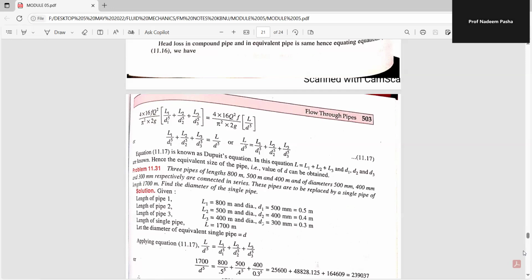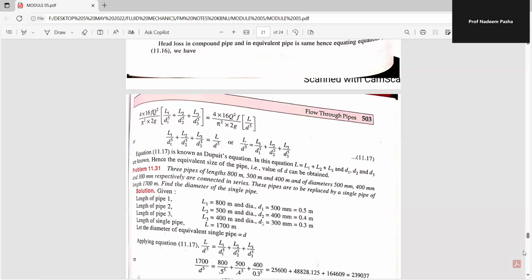Length of pipe L1 is given as 800 meter and diameter D1 is given as 500 mm, so it comes out to be 0.5 meter. Similarly, length of second pipe is 500 meter and diameter D2 is 400 mm, so it comes out to be 0.4 meter. Similarly, length of pipe L3 is 400 meter and diameter D3 is 0.3 meter.